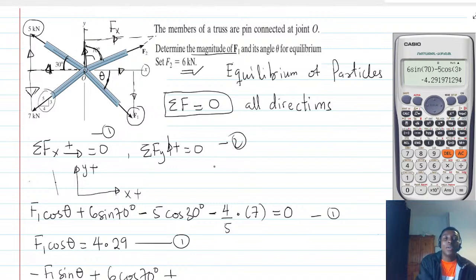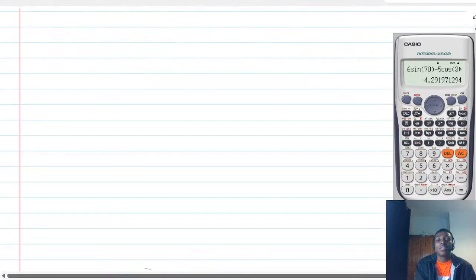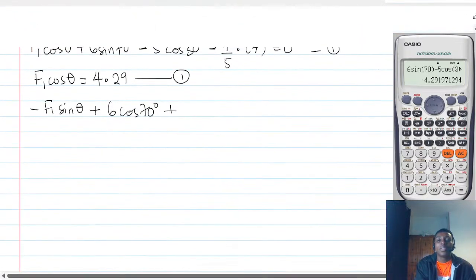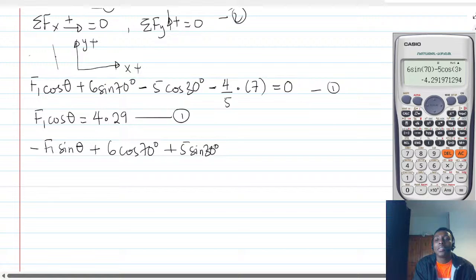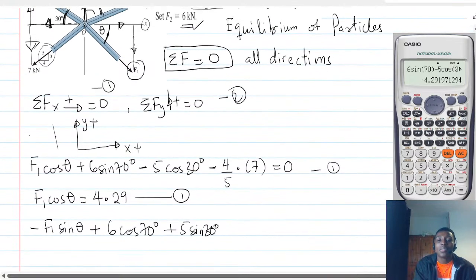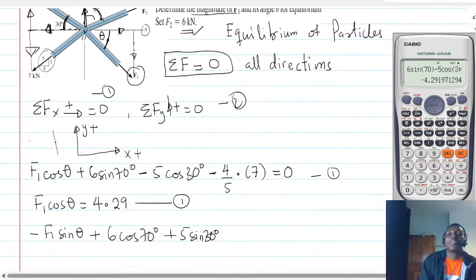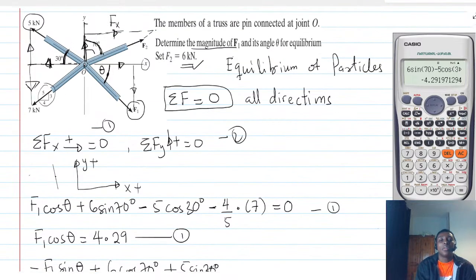So now since the 5 kilonewton is going up, what is going to happen? So it's going to be sine for this one. So plus 5 sine 30. Is that right?